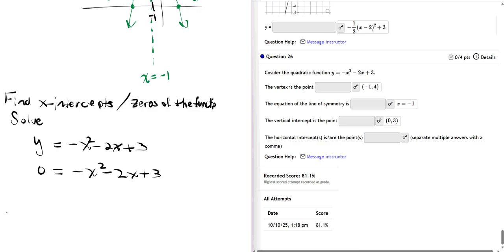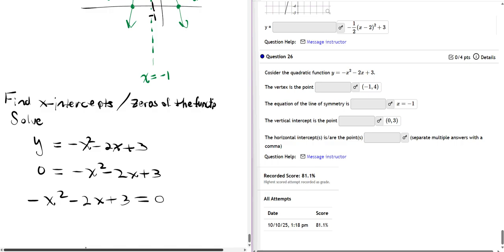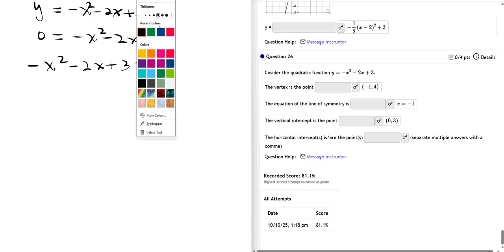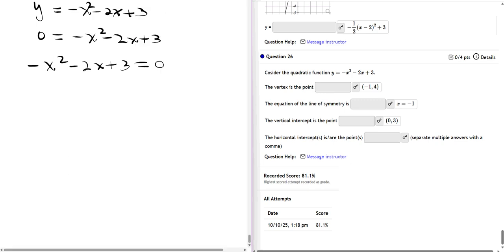And I might as well write that this way just because it's something I'm more comfortable with. It doesn't matter at all. You can change the side like that. Also, I don't like that hanging negative. Now you could leave it like that and it's not a problem. You'll still get the right answer, but I don't like it.